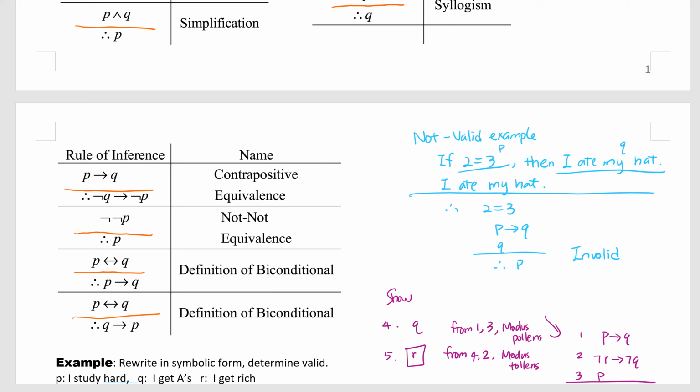P implies Q. Knowing Q tells us nothing about P. If we know P occurs, then we can say Q also occurs. But if Q occurs, then it tells us nothing about P. So this is another example of invalid.